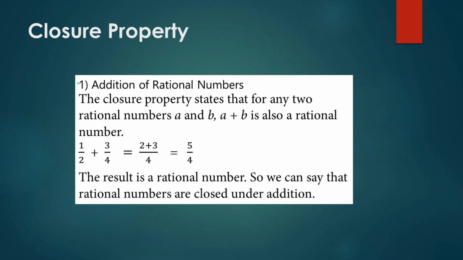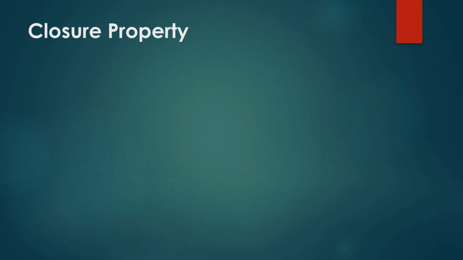So what result are we getting? 5 upon 4. So the result is a rational number? Yes. Why? Because 5 upon 4 is in the form of p upon q and q is not equal to 0. So we can say that rational numbers are closed under addition.